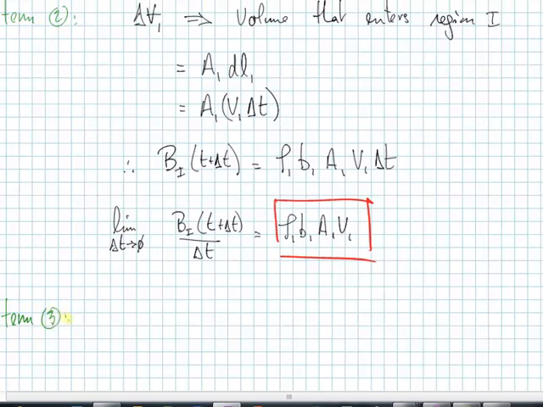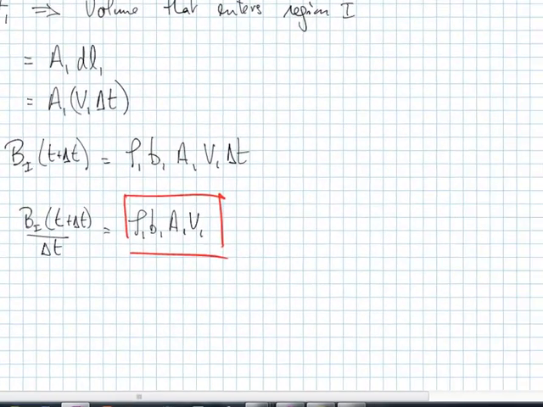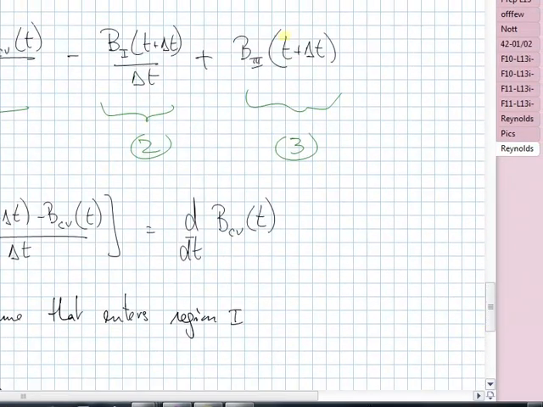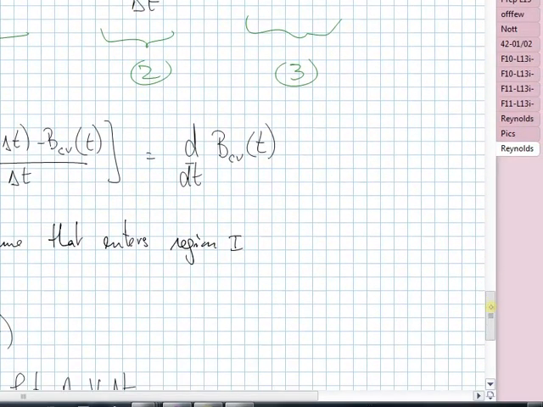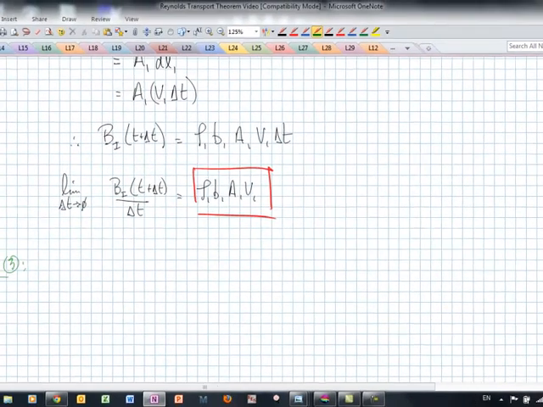Term 3. Okay, so the last term, term number 3, which is this guy over here, represents the amount of B that left the control volume during that same amount of time.